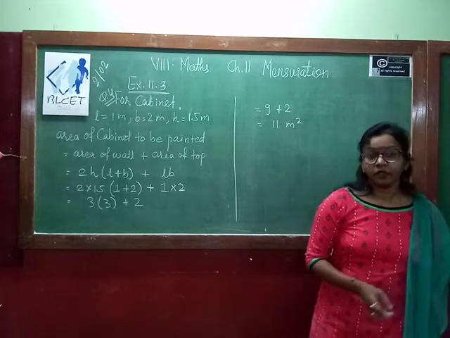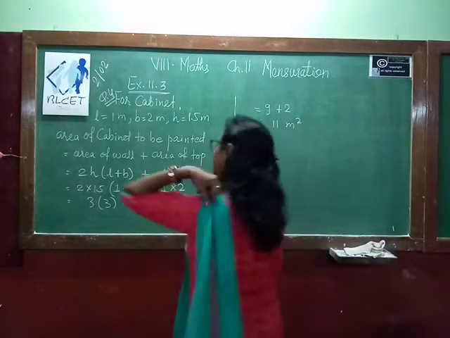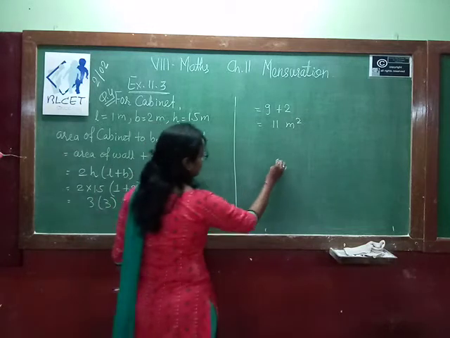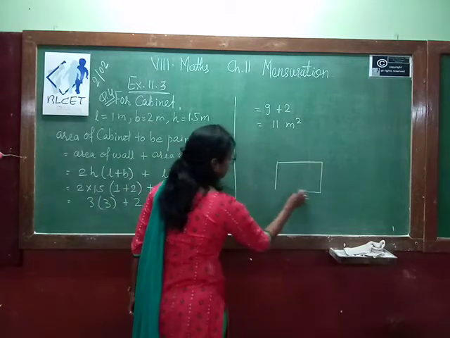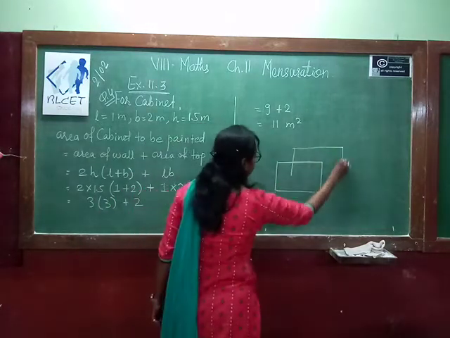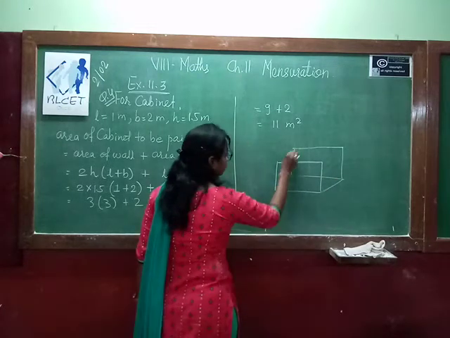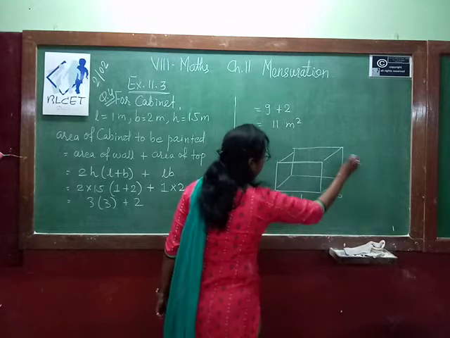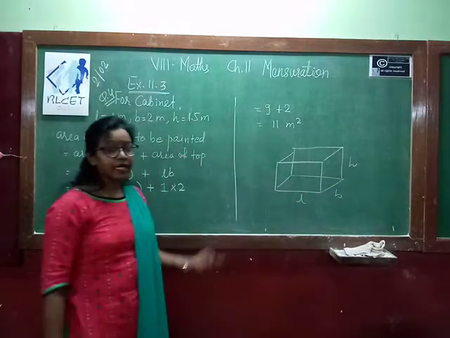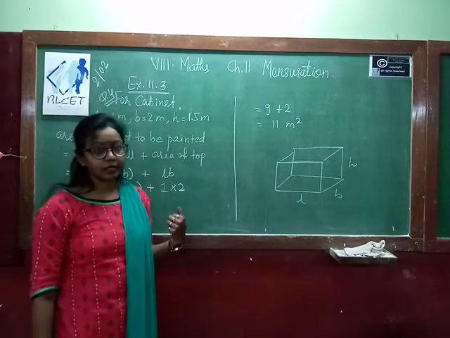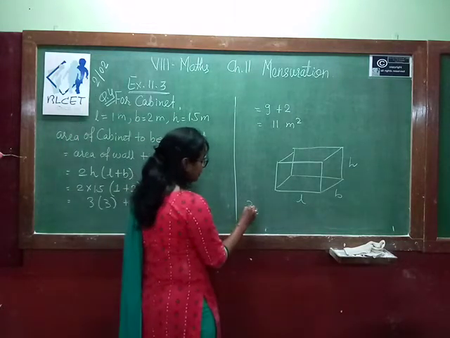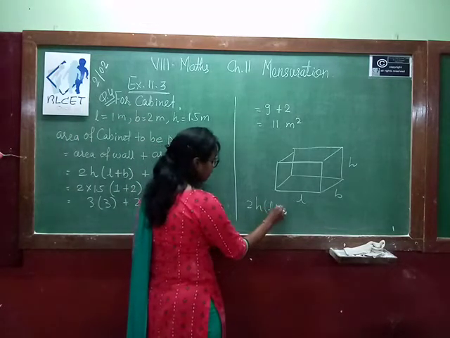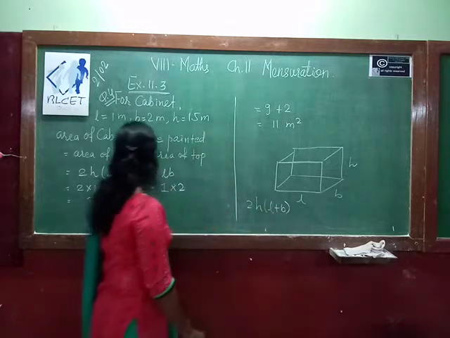Okay. So when you draw the diagram of the cabinet, it is in this shape. So this is your length, breadth, height. So we are covering the 4 surfaces, that is your lateral surface, and the lateral surface area is what? 2H(L plus B).